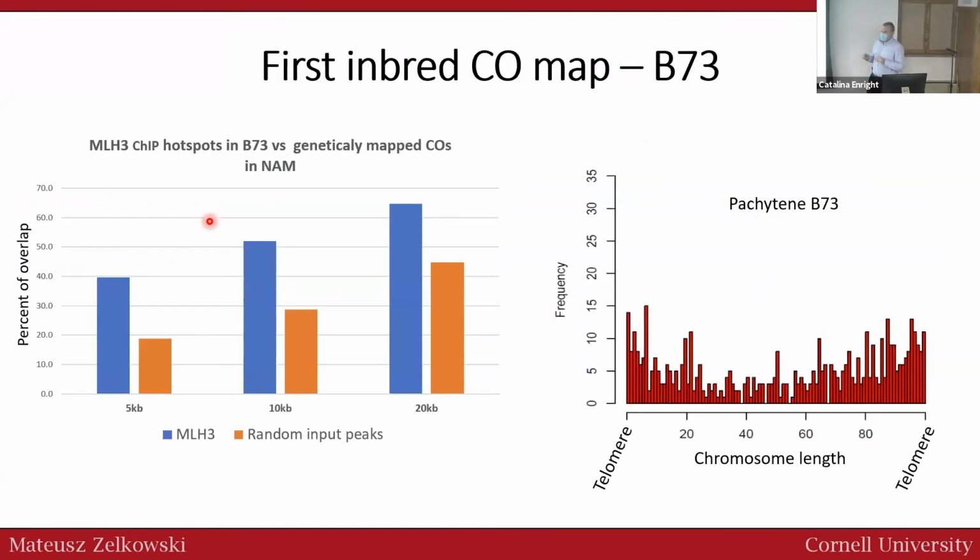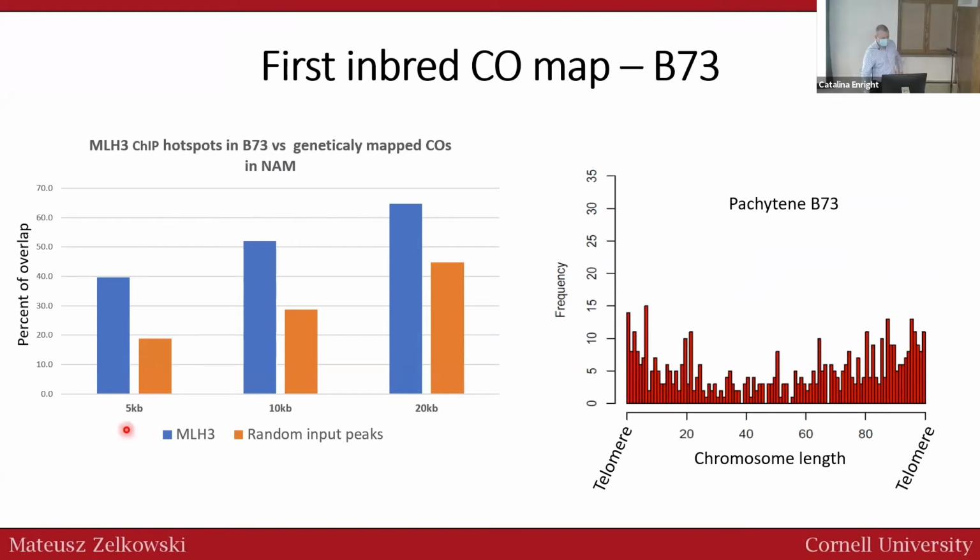And maybe we can now overcome this limitation. We don't have to use the SNPs. And we created, for the first time ever, the crossover inbred line, where we don't use any hybrid, and it's very robust and efficient.